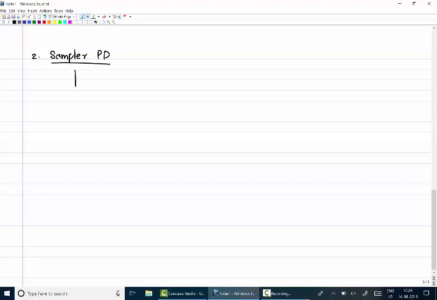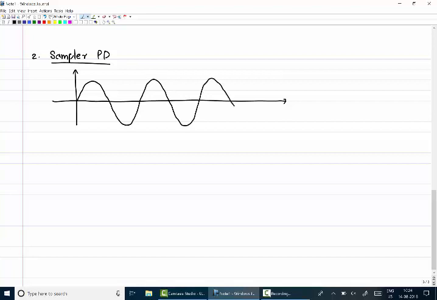So let me first ask you this. Let us say I have this, again the input signal is analog. Okay, so this is my input signal, and with respect to time, let me just mark that this is equal to V in, and I want to measure a phase error with respect to another signal which is also periodic. Okay, I am measuring phase error with respect to a periodic signal only.